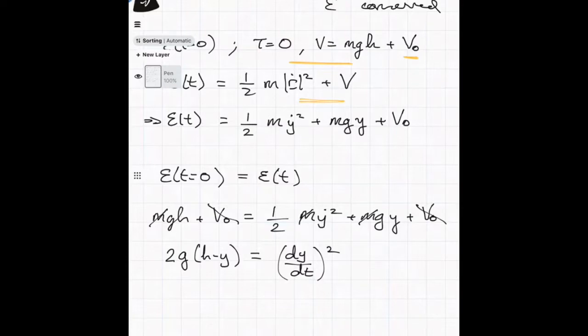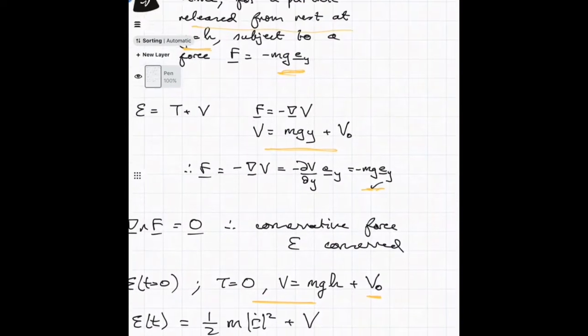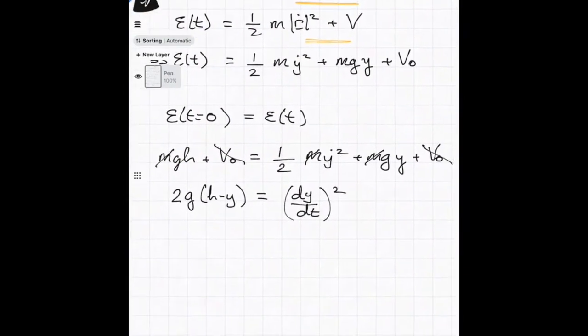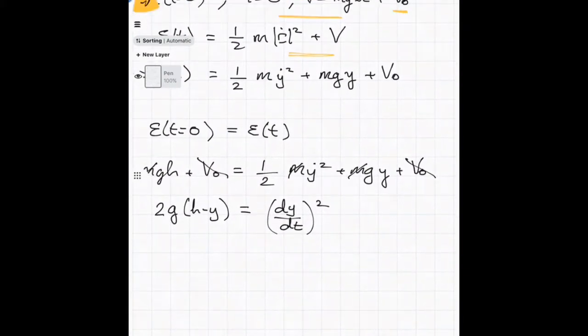Okay, so why have I done this? Well, that's because y dot gives the differential equation, and the question's asking us how to find out how position changes with time. We want to find a time-dependent quantity, and the only time-dependent quantity I can see is y dot.